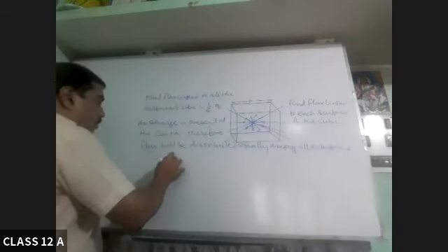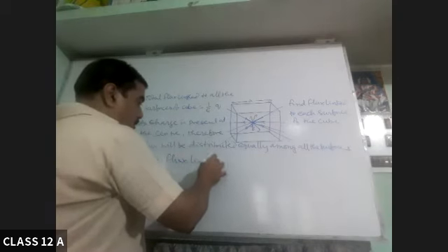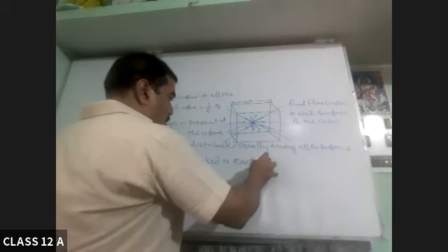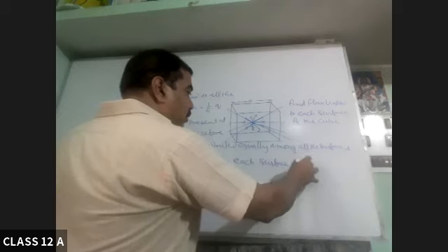So the flux linked to each surface will become 1/6 of the total flux.